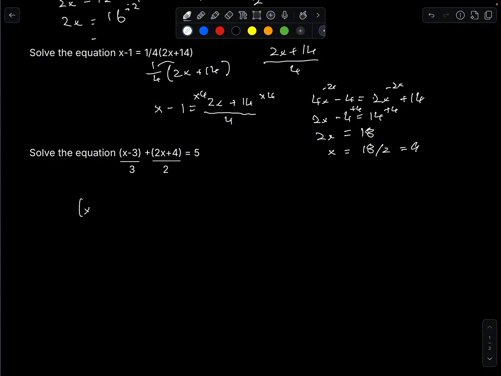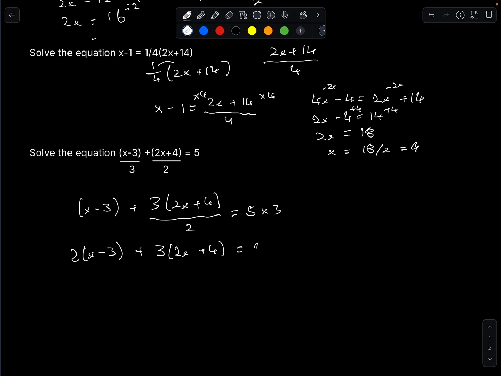So I'm going to have x minus 3 plus 3 times 2x plus 4 all over 2 equals 5 times 3. Okay, now I want to multiply everything by 2, so I'm going to have 2 times x minus 3 plus 3 times 2x plus 4 equals 5 times 3 times 2.